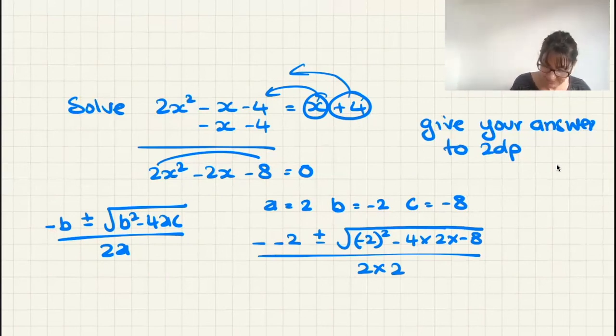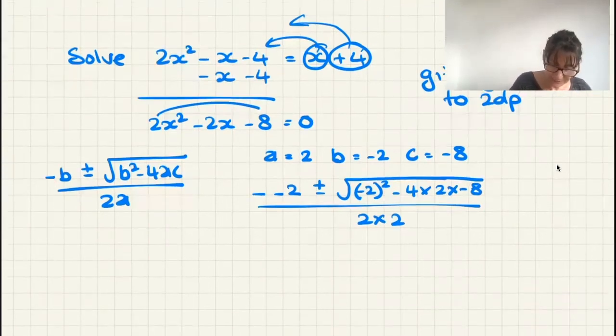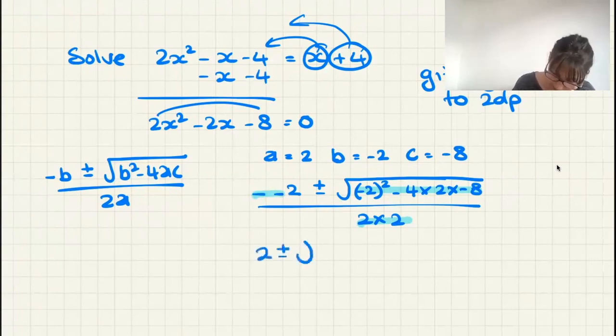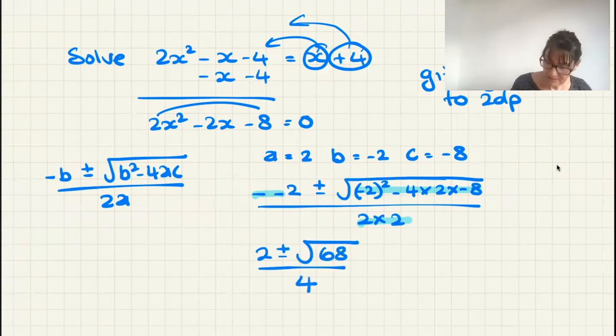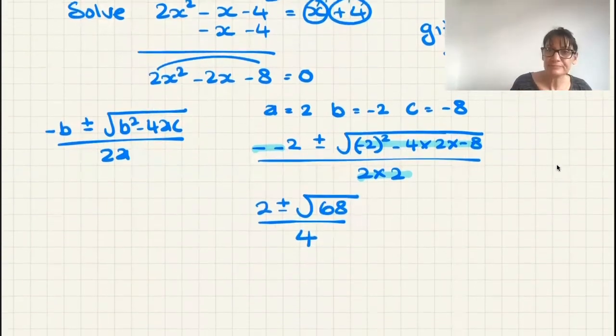We need that. Okay, so we're going to tidy these 2 bits up. So I'm going to have, and obviously, actually, we've got to tidy that as well, haven't we? So I've got 2 plus minus square root of 68 all over 4. Okay, so let's keep going.